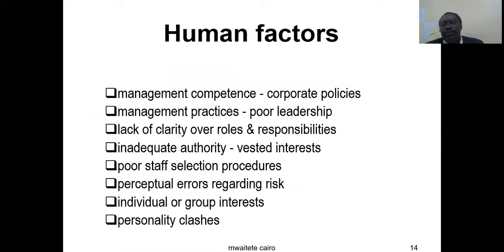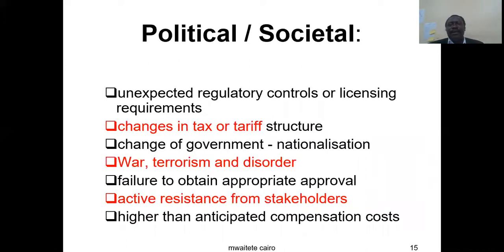So you will know management incompetency in terms of corporate policies, poor leadership, lack of clarity over roles and responsibility, inadequate authorities, poor staff selection procedures, perception regarding risks, and individual group interests within the project, you will face some problems.